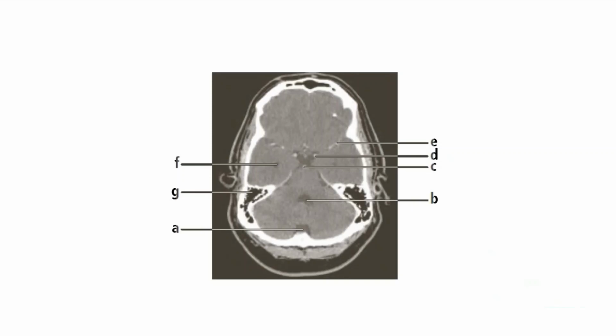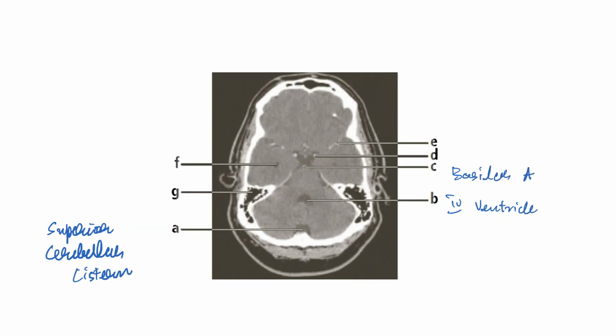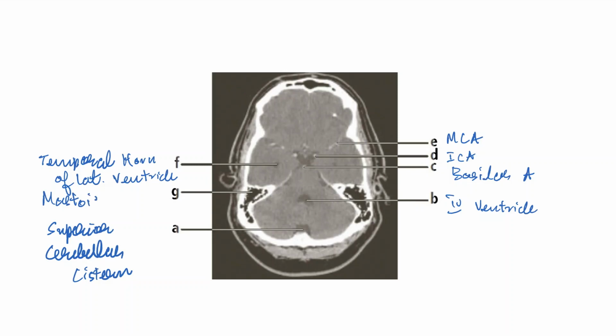Now let us mark the structures in this CT scan. A is superior cerebellar cistern, B is fourth ventricle, C is basilar artery, D is internal carotid artery, E is middle cerebral artery, F is temporal horn of lateral ventricle, G is mastoid hair cells.